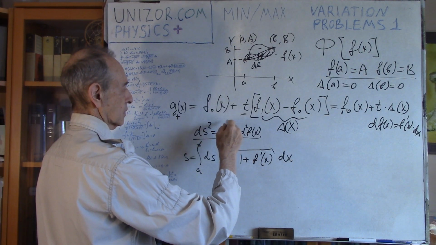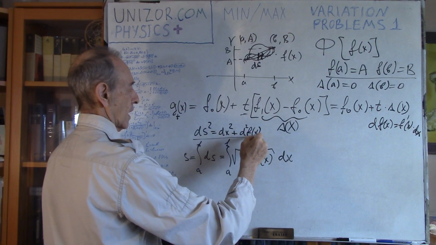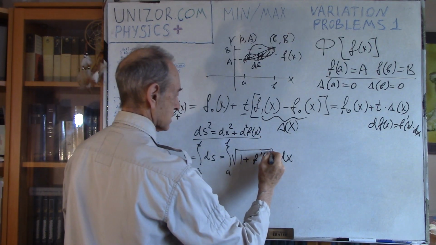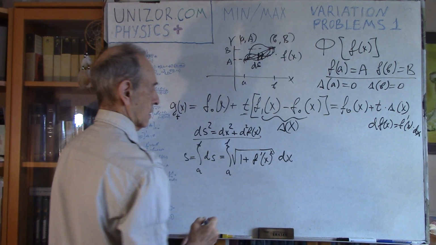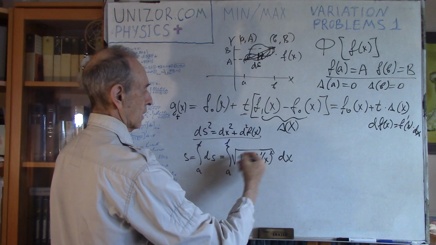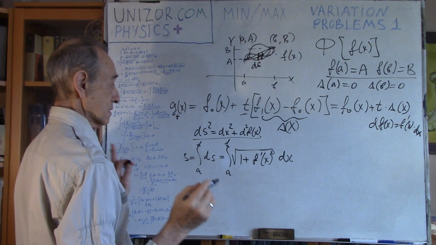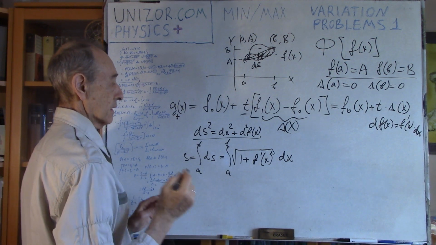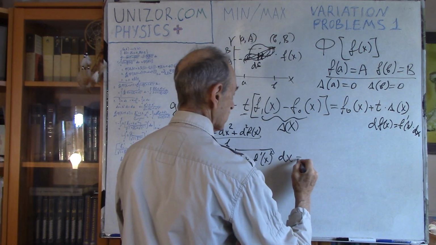In the parentheses we will have 1 plus f prime square. Now that's correct. And dx goes out of the square root. Okay, so this is the formula.